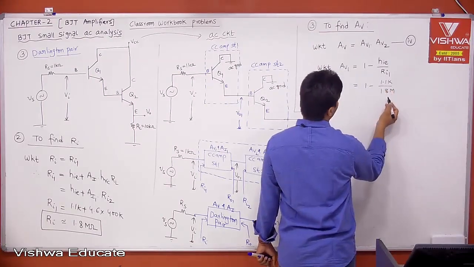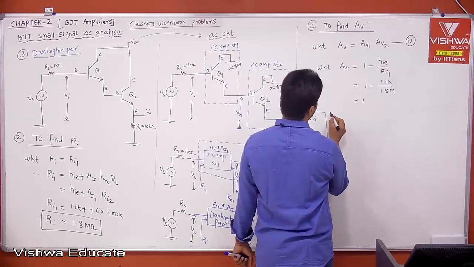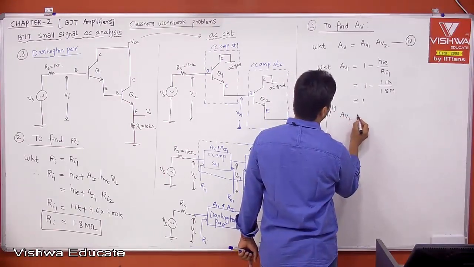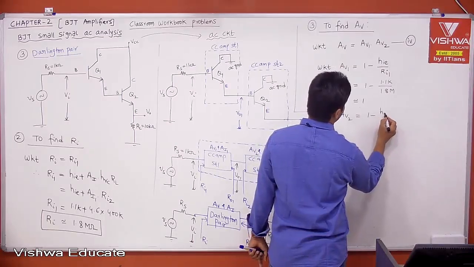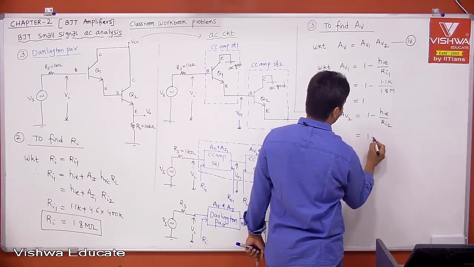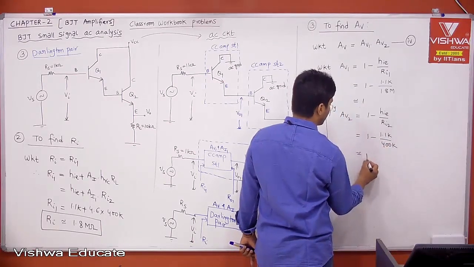I can neglect this, right? Then it is approximately equal to 1. Similarly, AV2 is equal to 1 minus hie divided by Ri2. Hie is 1.1k, Ri2 is 400 kilo ohm. This also you can neglect. This is approximately equal to 1.